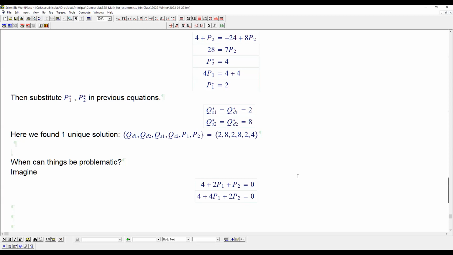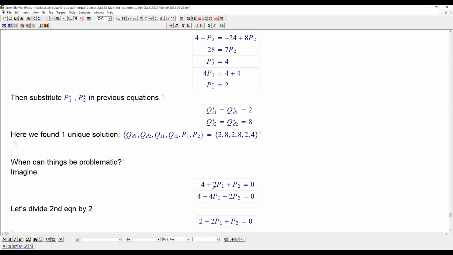Sorry. Yes. So no, not infinitely. You have no solution whatsoever here. Because let's divide the second one by 2. So we get 2 plus 2P1 plus P2 equals 0.